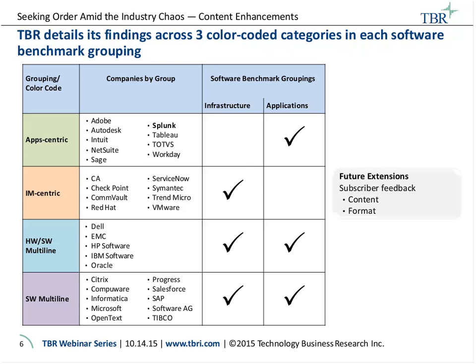If we try to look, say, at Salesforce revenue per rep, when the sales reps are selling both infrastructure and applications, then to disaggregate that is a level of estimation that probably isn't going to provide a lot of guidance. So we have some more aggregated views at some of the financial metrics and compares across those categories of app-centric, hardware, software, multi-line, and software multi-line is defined on this slide.